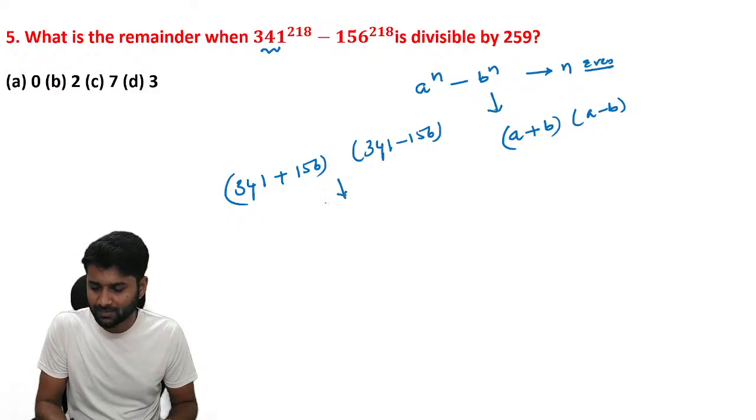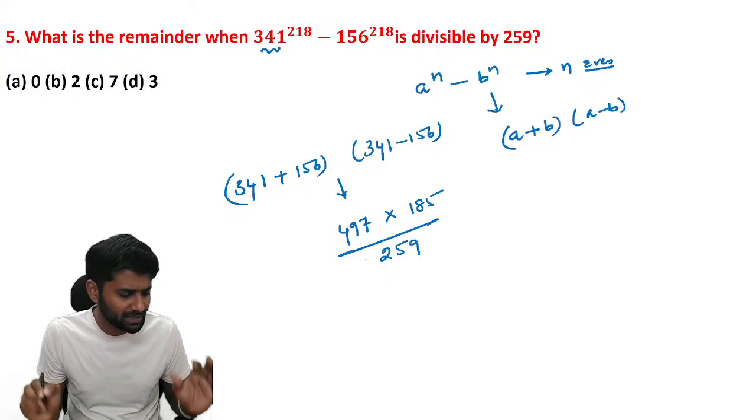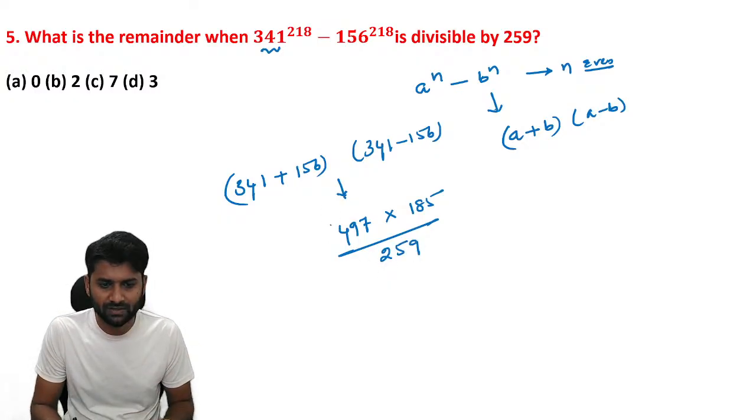Let's go through the sum here. If you go through the sum, 497 is multiplied by the difference of 341 and 156, which is 185. Now you have to verify whether it is exactly divided by 259 or is left with any remainder.